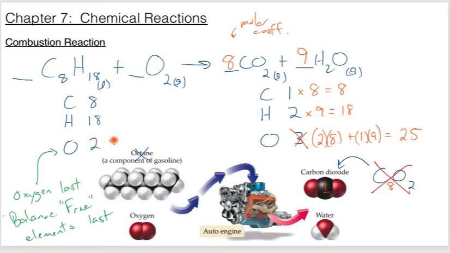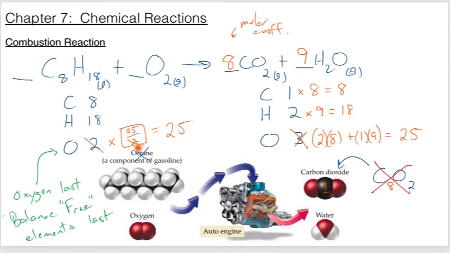So 2 times what number equals 25? Obviously, it's not a single whole number, but there is a fraction we can use here: 25 halves, times 2. The 2 cancels out, and now I've got 25 here.